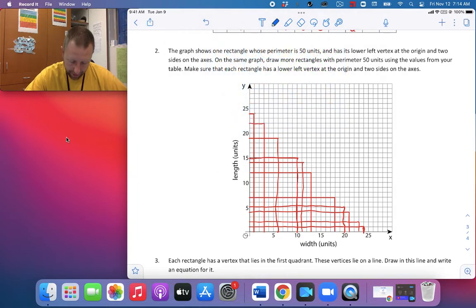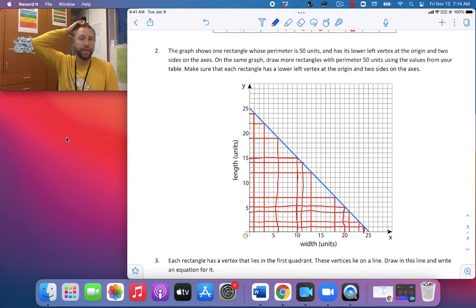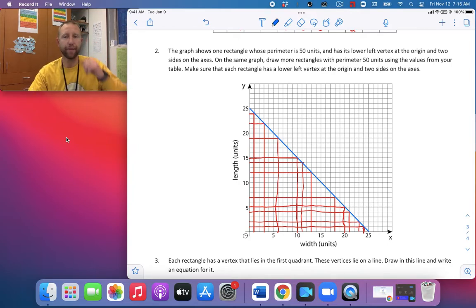I'll do this in a different color that connects those corners of all of those rectangles, right? And with the magic of the iPad, you guys use the magic of your rulers. We've got this line that hits that top right corner of every single rectangle. And you can see there's some rectangles that we missed, right? So there's some values in there that you could have come up with. We've got this nice line. Now, what do you notice about this line?